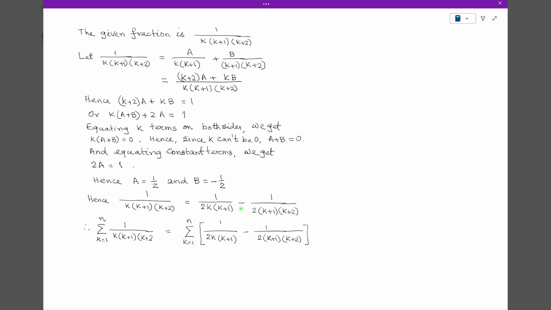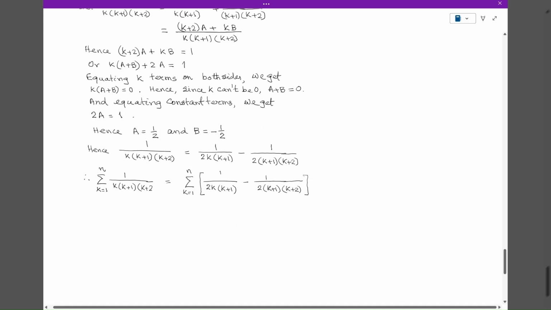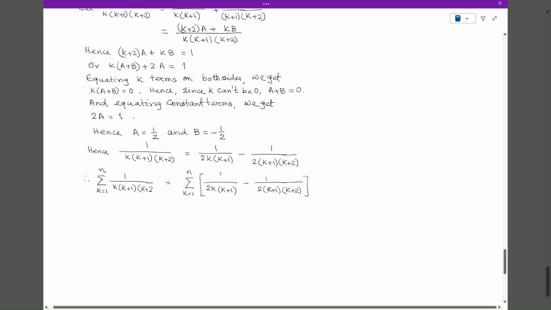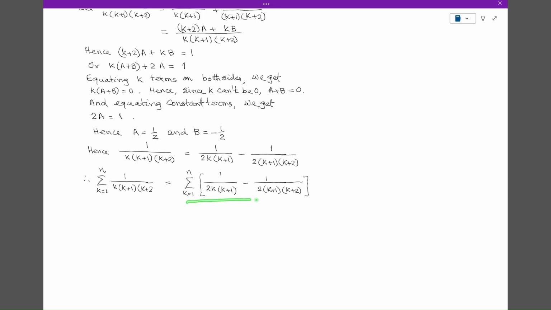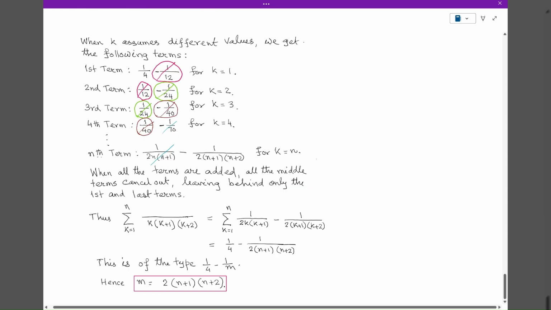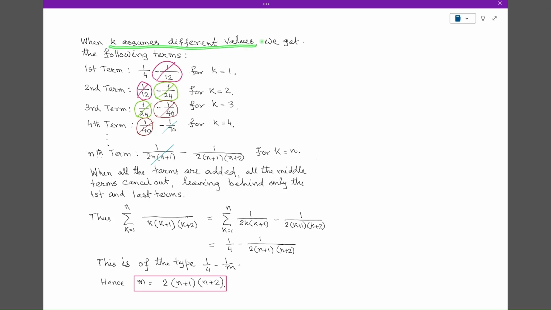This minus sign is occurring because the value of b is equal to minus half. Okay. Now we can sum both the sides while k varies from 1 to n. That is, this summation is equal to summation of this term.